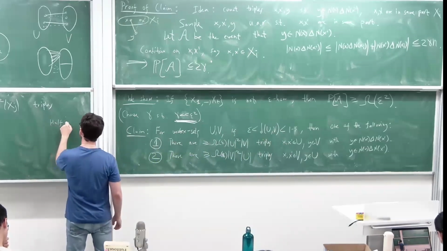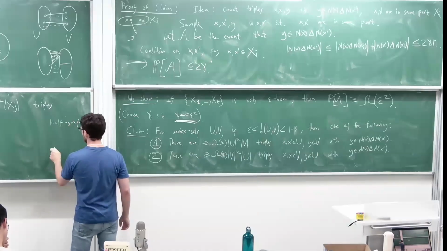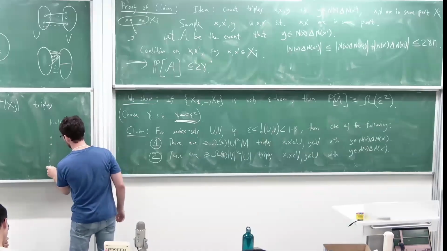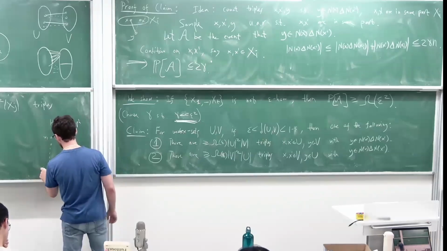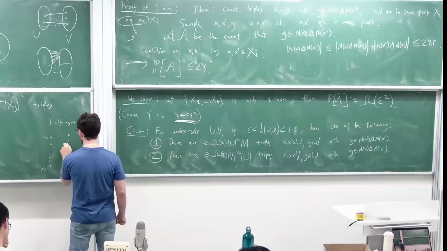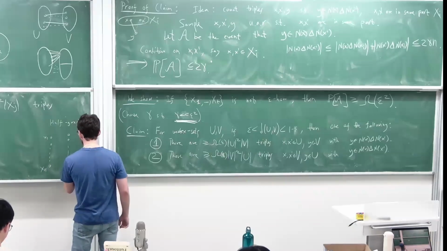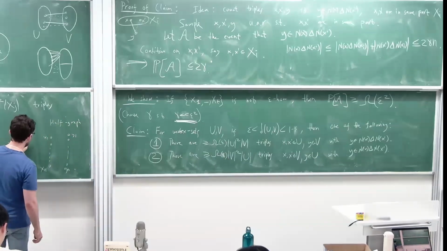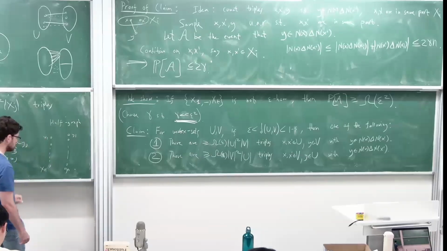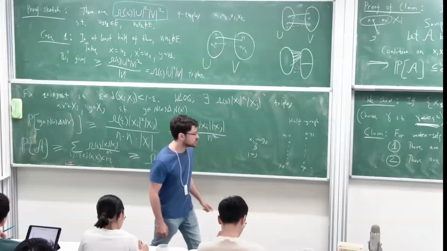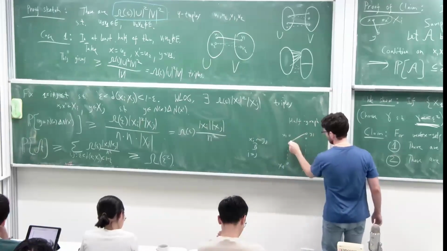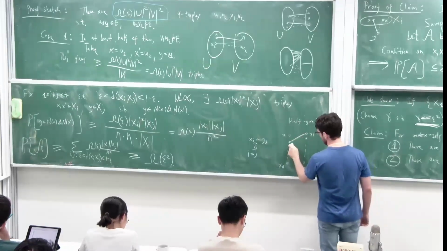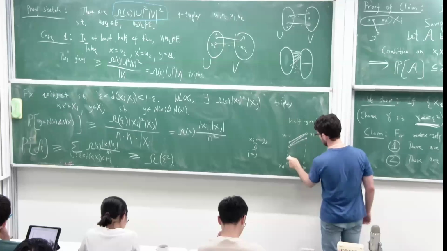That means you have vertices x1 up to xn, let's say, and y1 up to yn, and xi is connected to yj if and only if i is bigger than j. x1 has no neighbors, x2 has this neighbor, x3 has those two neighbors, and so on.